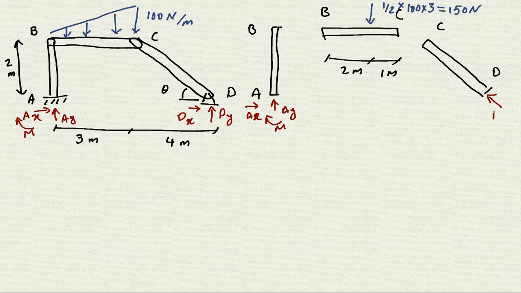So I will just put it FCD. Whatever is the magnitude of FCD is equal to the reaction at point D. And here the same, we are going to have the opposite of that, so it's going to be FCD also here. For the point B, it's not going to be like that.